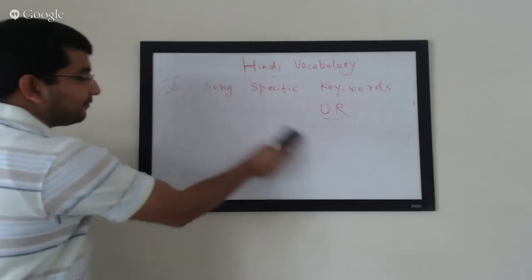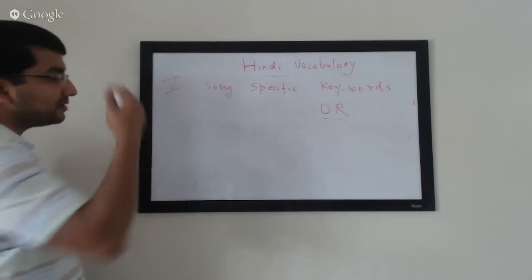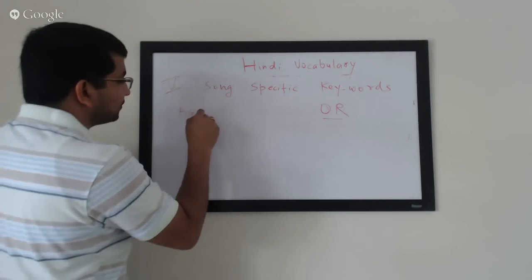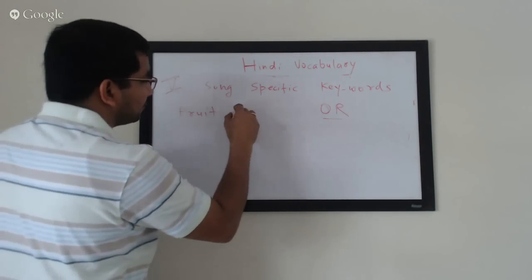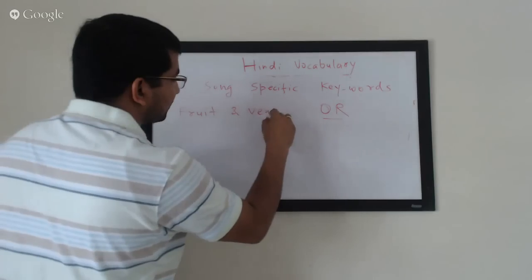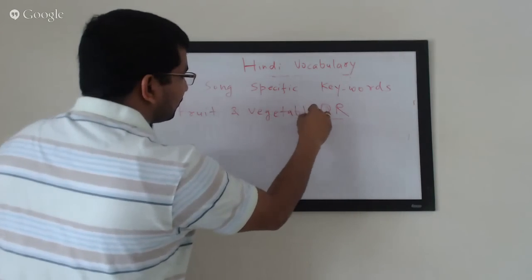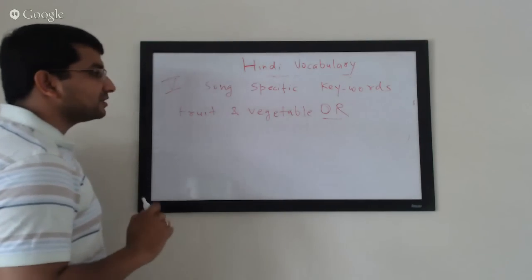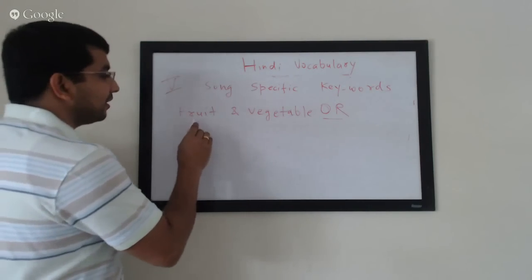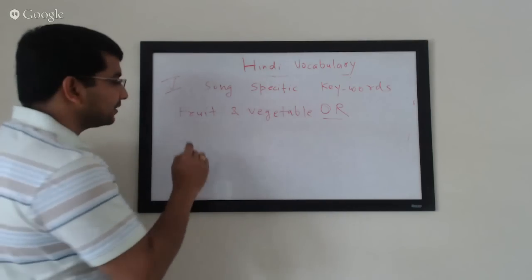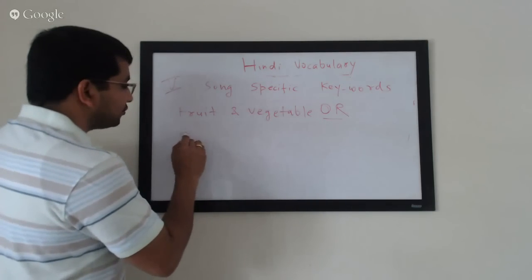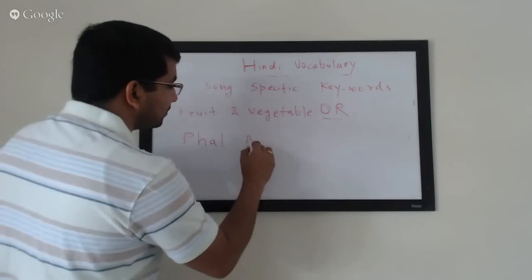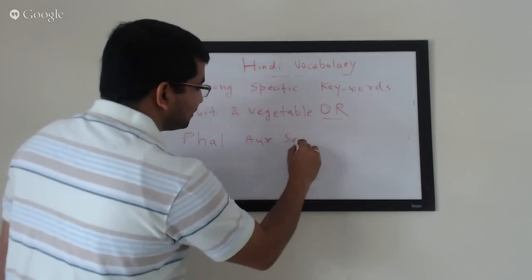So again, if you were to use it in the same context as before, like fruits and vegetables, it might mean two completely different things. If you're going to a doctor and the doctor is recommending that you should eat fruits and vegetables, one would be fal aur sabji.